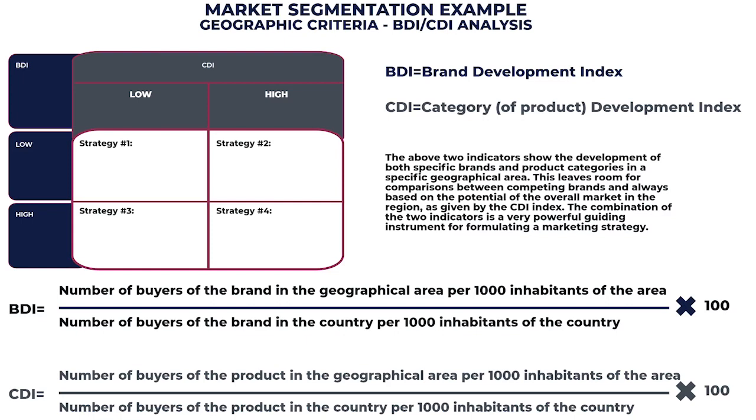So in the first case, when we have a low BDI and a low CDI score, strategy number 1, the traditional marketing theory says that you stay away, but with the 7 Ideals we say wait a minute, we may examine the market a little bit.